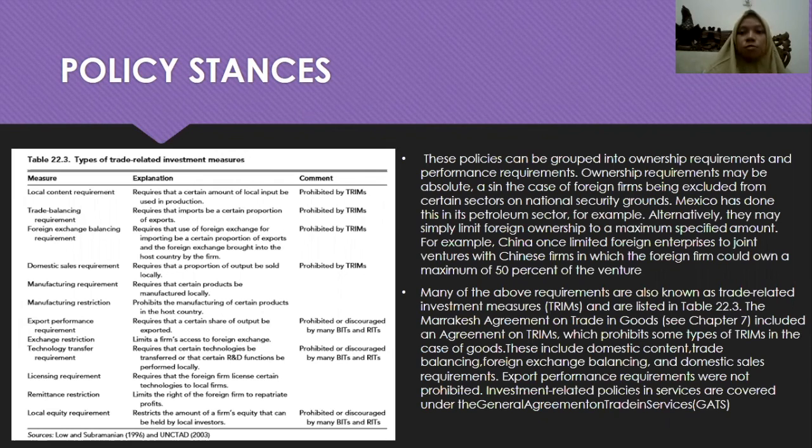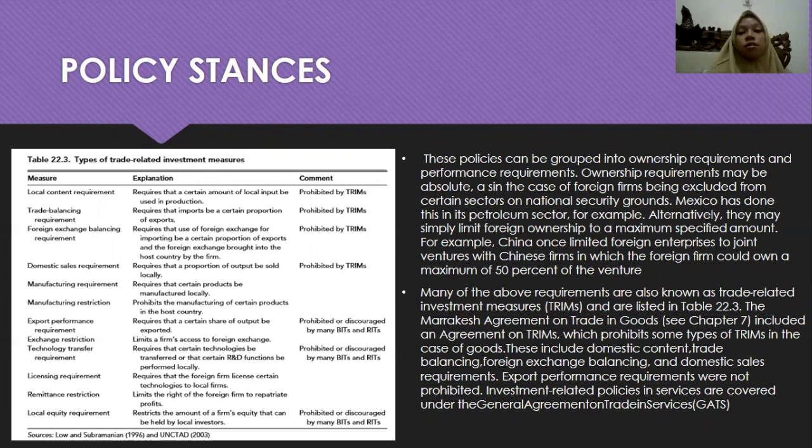Ownership requirements may be absolute, as in the case of foreign firms being excluded from certain sectors on national security grounds. Mexico has done this in its petroleum sector.